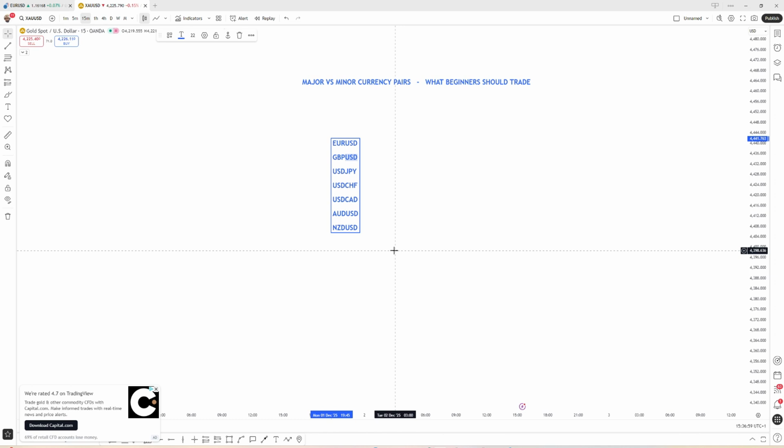Last but not least, the reason these pairs are more popular among forex traders in the world is they have a lot of educational resources and analysis available online. So these are the major reasons why these pairs are the most traded currencies in the forex world.